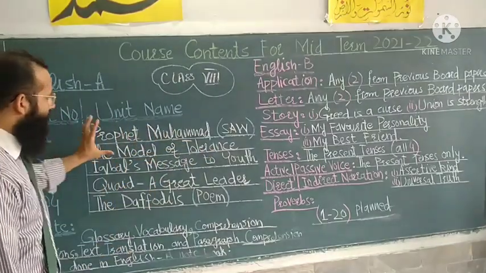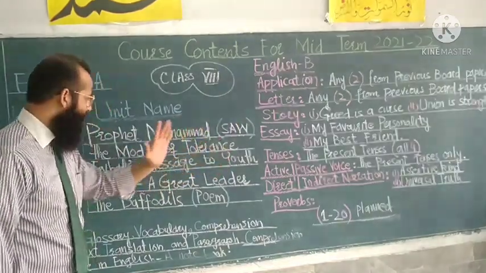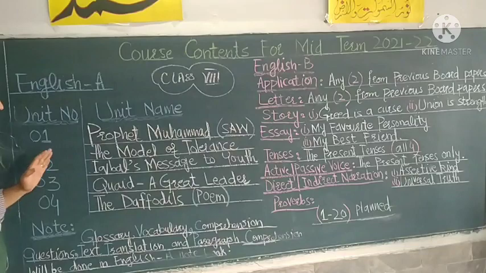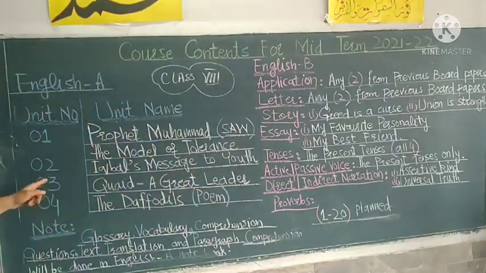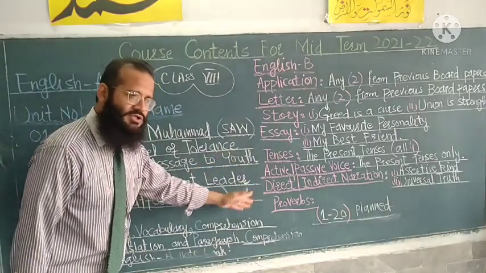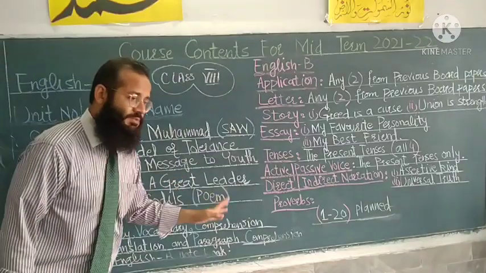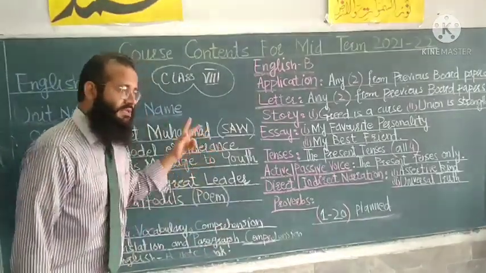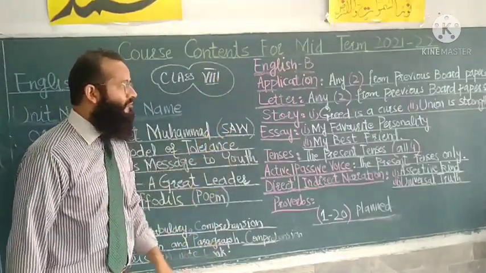Then unit 2, Iqbal's message to youth. Then unit number 3, a great leader. Inshallah, we will discuss each and everything. And number 4. We will discuss 3 rows and 1 point in the midterm of class 8.